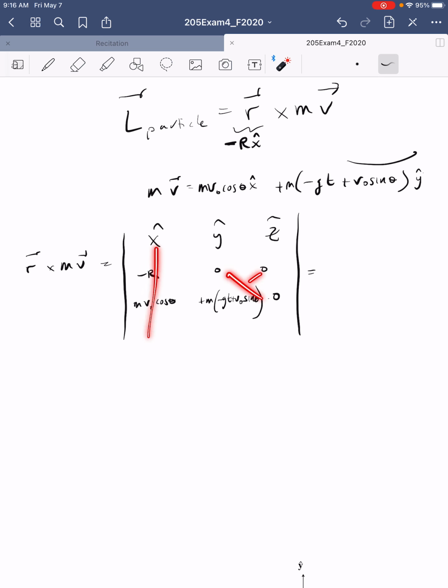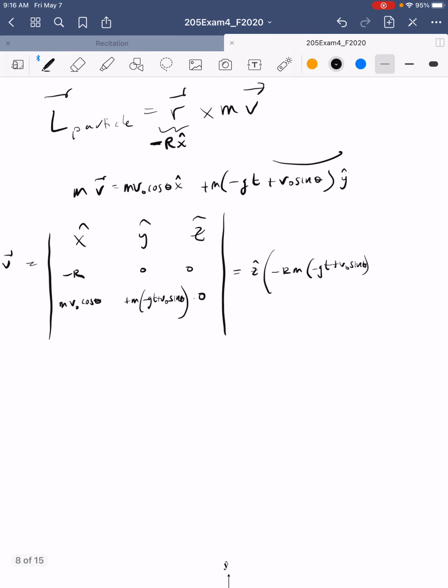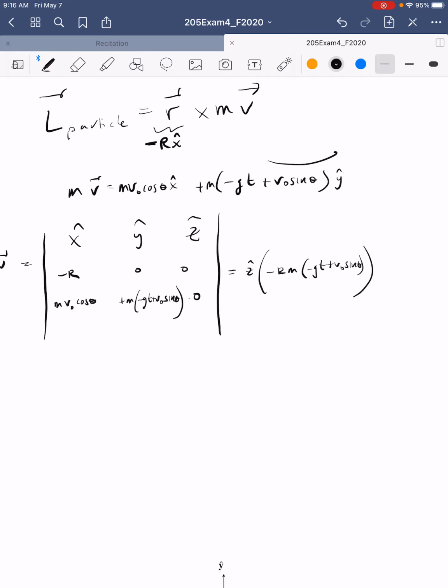In the x, there's all 0. In the y, it's all 0. That leaves only the z. And for the z, I'll have this times this minus this times this. So the second component is 0. So I'll just have z hat times minus r m times minus gt plus v naught sine theta. That's the angular momentum of the particle. I could reduce it a little bit.